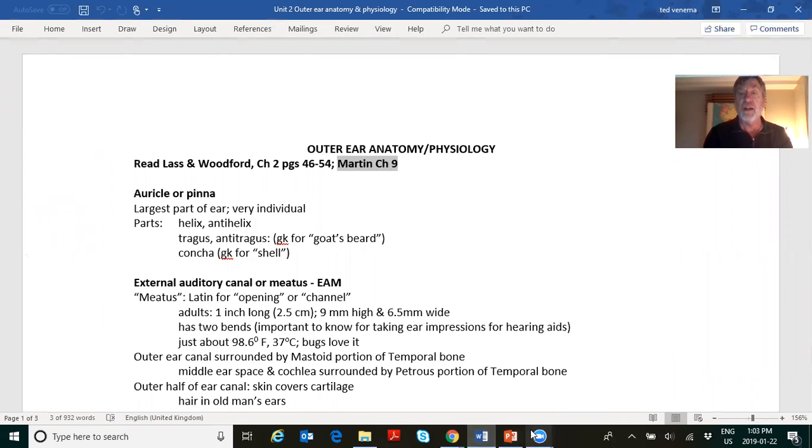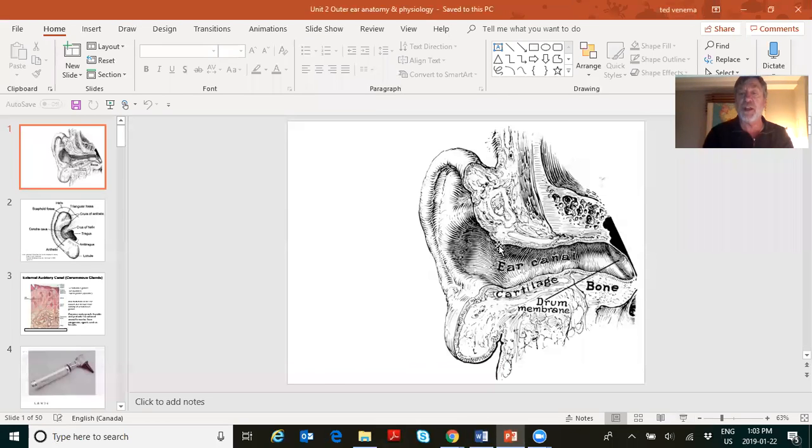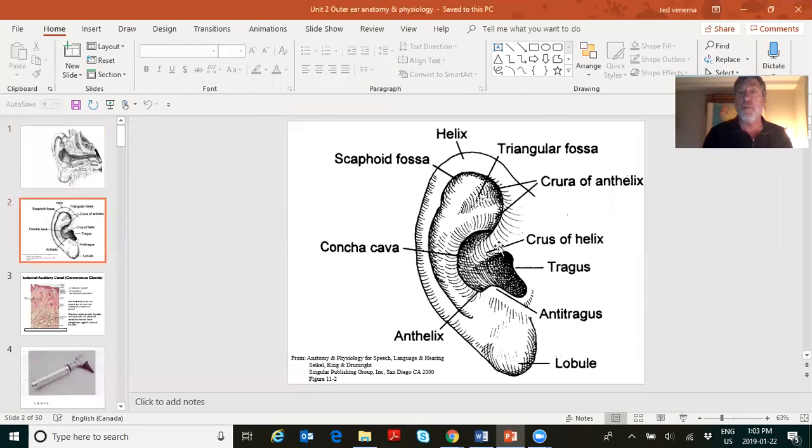Now, let's see if we can show those pieces in a PowerPoint slide. Here you go. The helix is that outer rim of the ear. Don't worry about all these words. There's way too many words. The antihelix is this next ridge. The concha bowl, and the tragus is that little bump at the front of your ear.